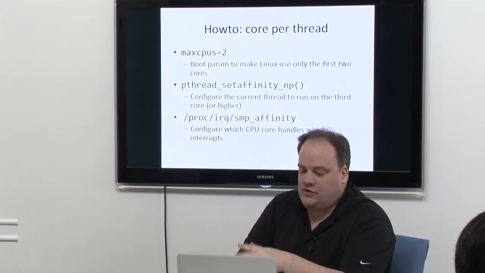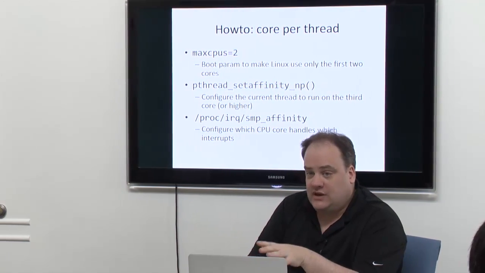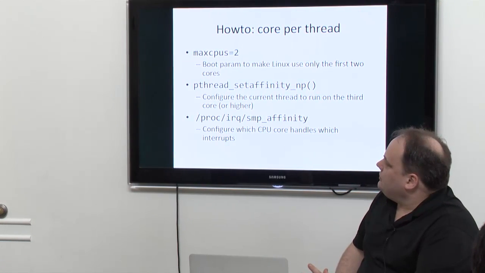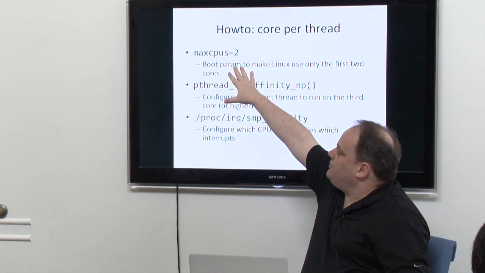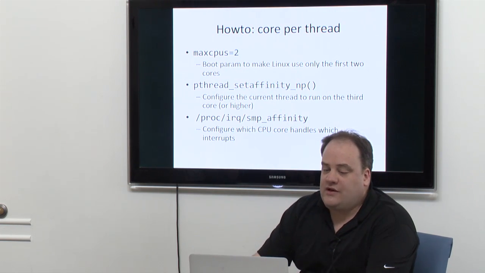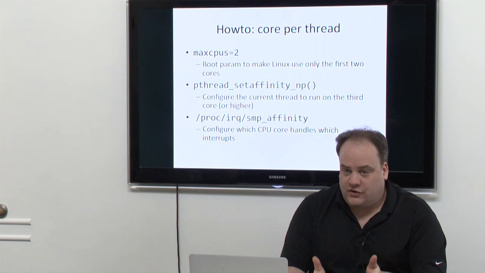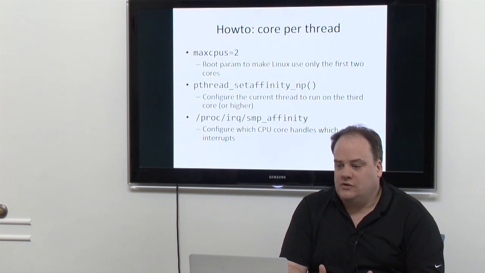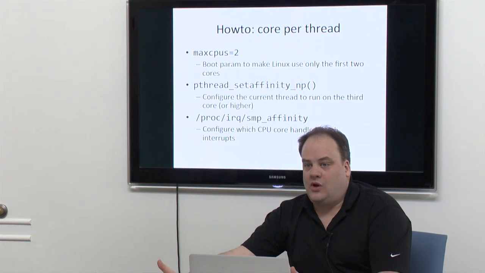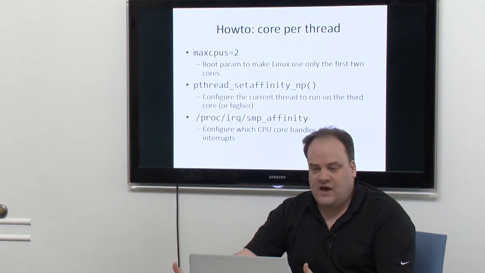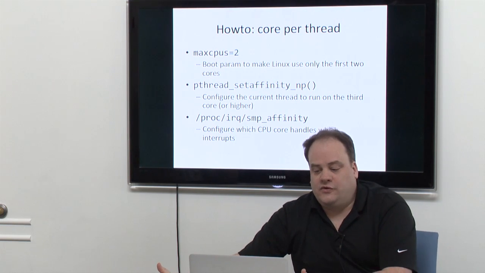So how do I do this in a network application? The way I do it is I take maxcpus, or there's another one I should have put here called isolcpus on Linux, that tells Linux the kernel only gets a certain number of CPUs, and the rest of the CPUs belong to you, essentially. Linux knows about them, but it never schedules any thread to run on those CPUs.